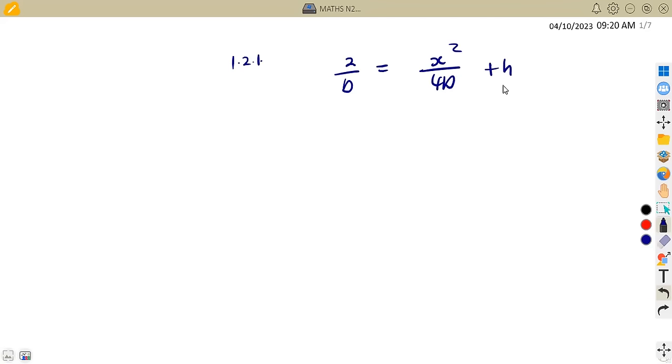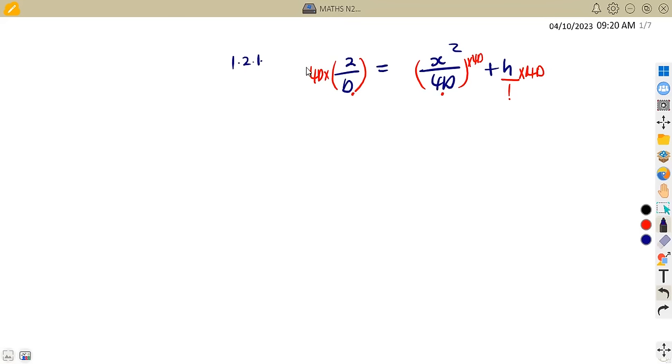From this equation, we can write h as a fraction, h over 1, so that we can check the LCM or the LCD of the denominators, which are d, 4d, and 1. So our LCD is going to be 4d. We are going to multiply each and every term by 4d.